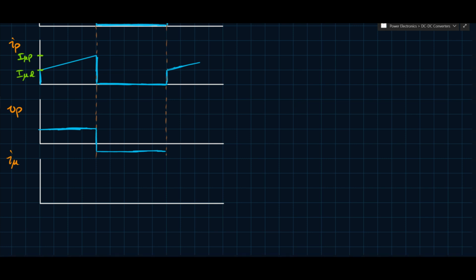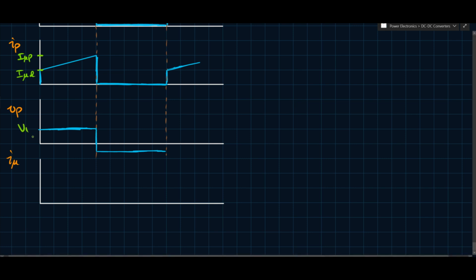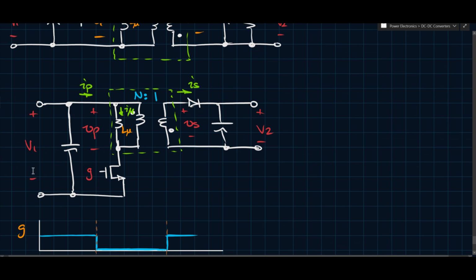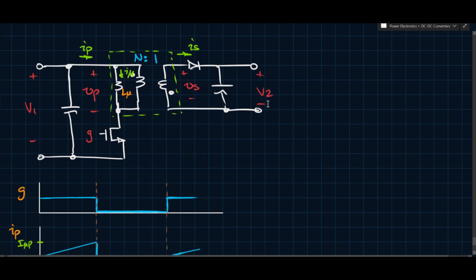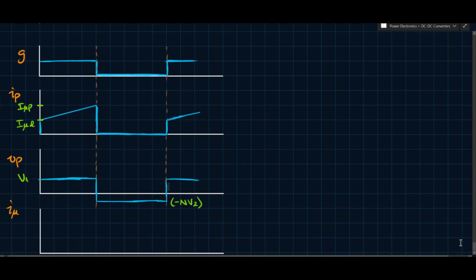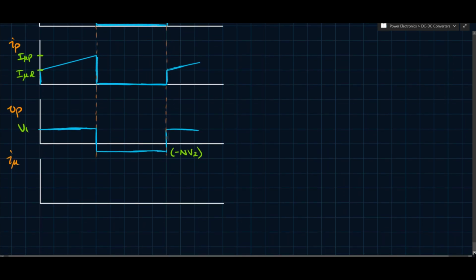So here we said this was going to be V1, and in this case it ends up being negative NV2, right? Because the voltage on the secondary, technically, because we're going to call this the primary and this the secondary, this V2 ends up being connected directly to the transformer via this diode, meaning Vp ends up being negative the voltage on the other side of the transformer. Okay, so that is Vp.